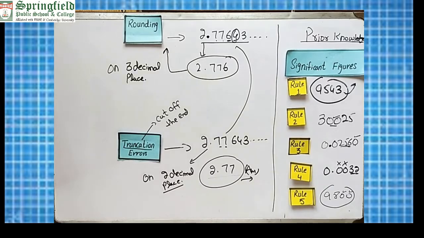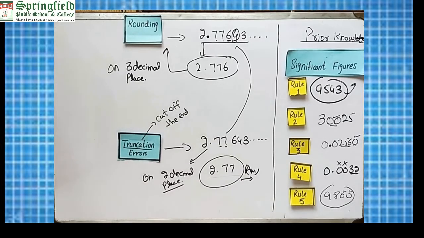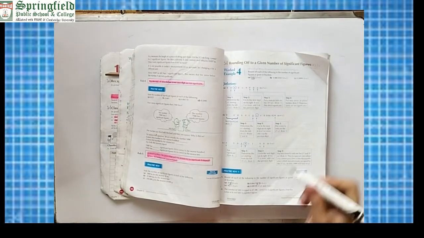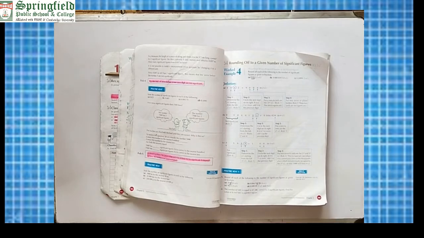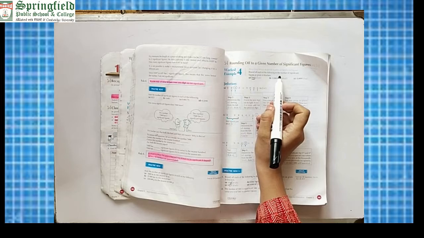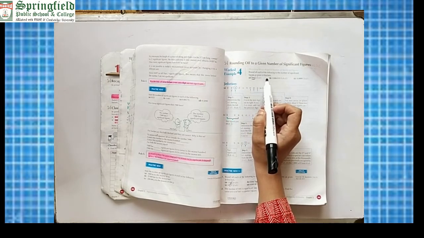Okay, after the explanation, now take out your book and turn to page number 66. First we will start from the examples. Now example 4 is on page 66. In example 4 they are saying round off each of the following to the number of significant figures as given in brackets.